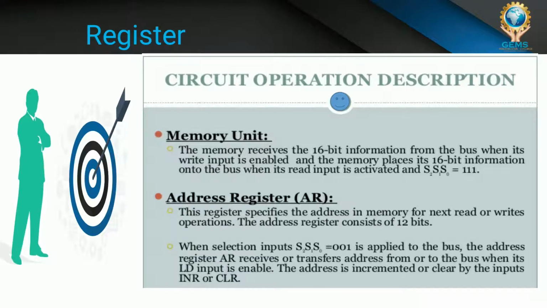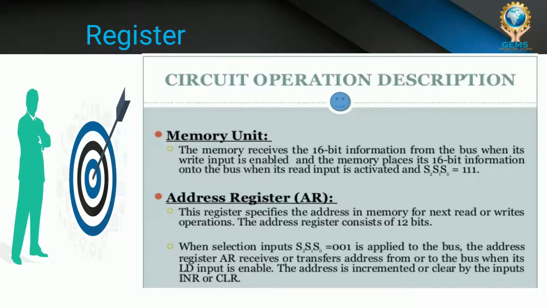Here some circuit operation descriptions are given. So these are all the kinds of registers, how they are performing operations, how they are responding based on the instruction, how they are sending the data and receiving the data. It says circuit operation description.